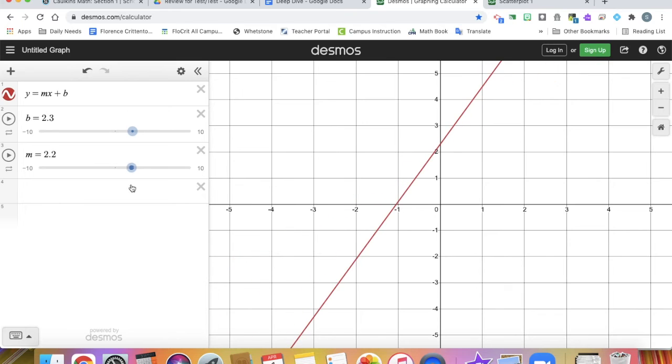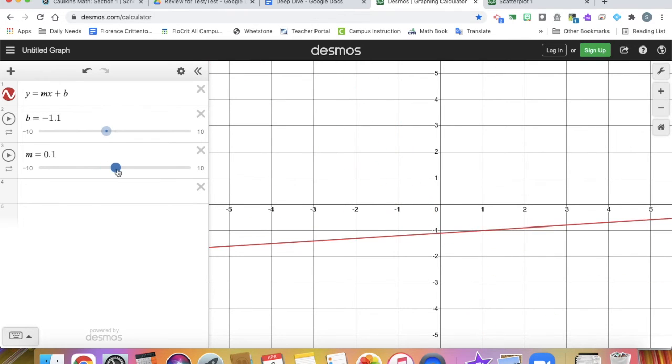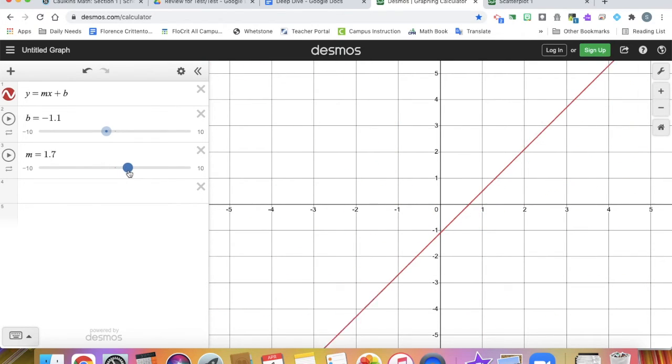Because if it's positive, it's going to be going up like this, versus if it's a negative slope down here, it goes down in the other direction. And then moving b around moves it up or down. So changing b only moves it up or down. Changing m just changes the steepness of the line and the slope of it. However, it's still a straight line.